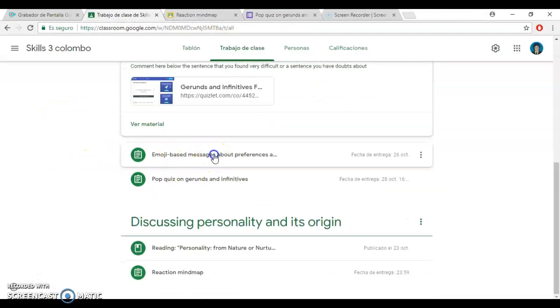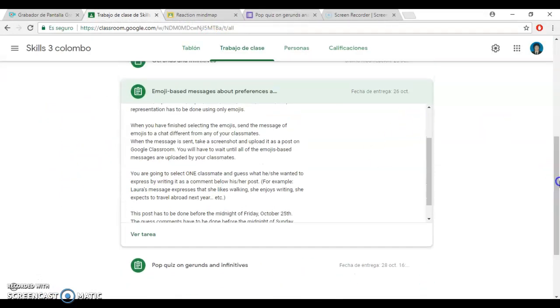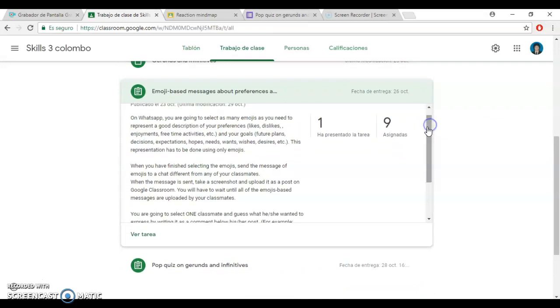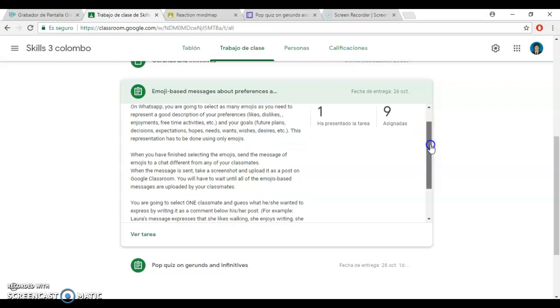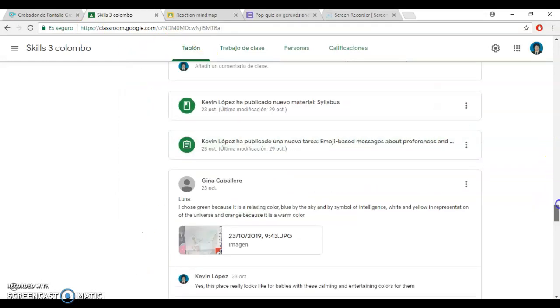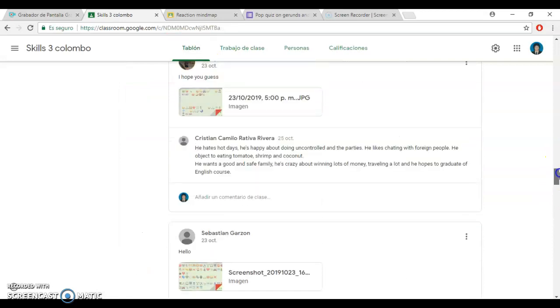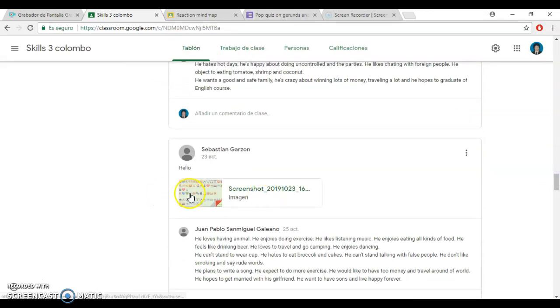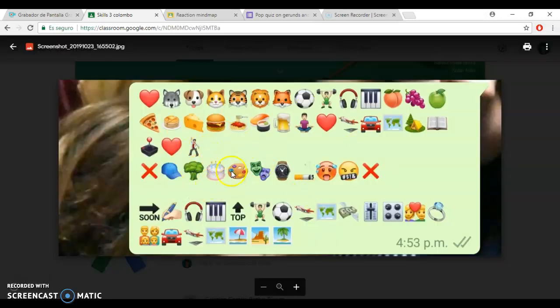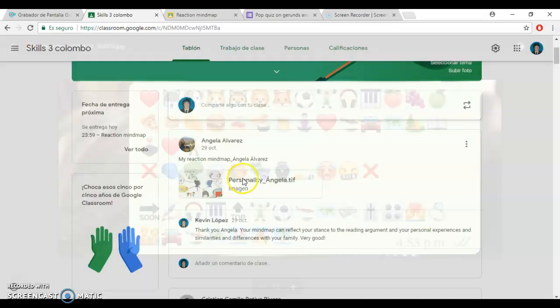Also, this was one of their favorite multimodal tasks because through emojis they had to represent their preferences and goals, because the communication goal was get someone to know you. So they screenshotted a selection of emojis and they posted it.